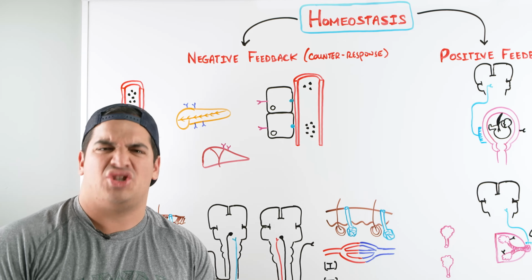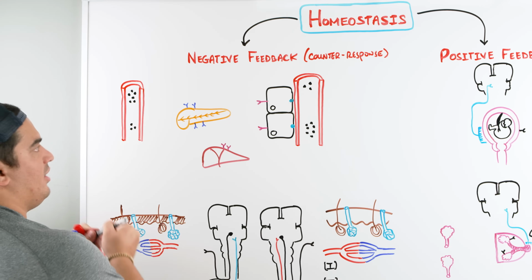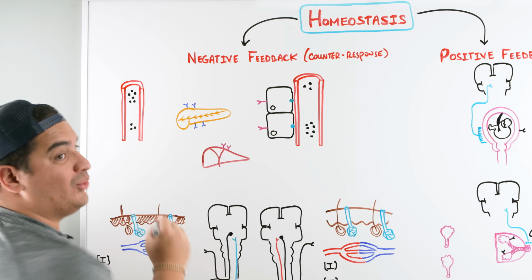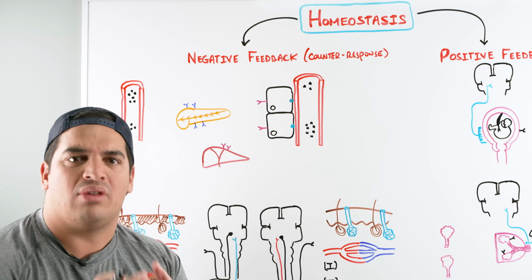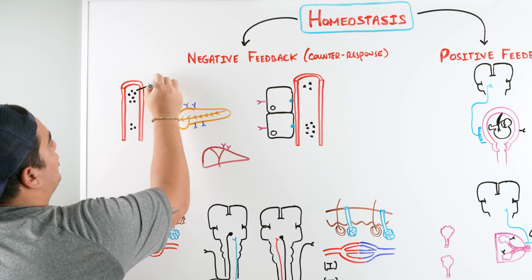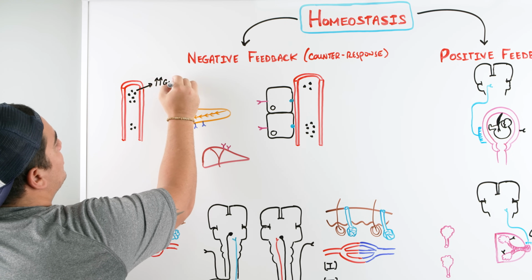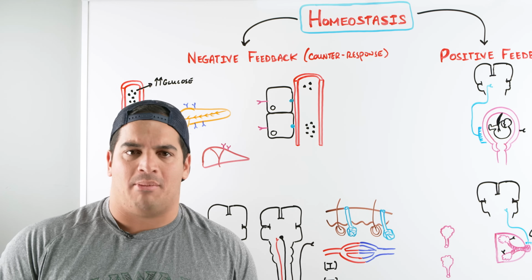So in other words, there's some type of problem, there's a stimulus, if you will. The stimulus in this particular example is glucose. We obviously want glucose to maintain a normal level. That varies, but generally if the glucose levels within the blood are too high, this is a particular stimulus for our body.